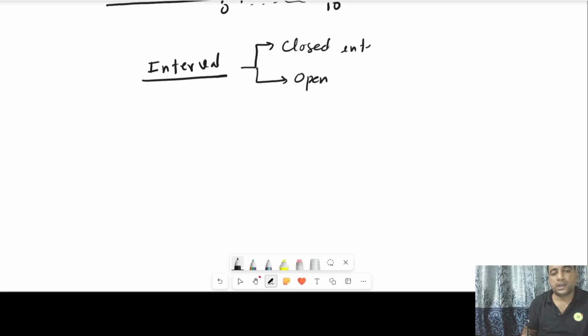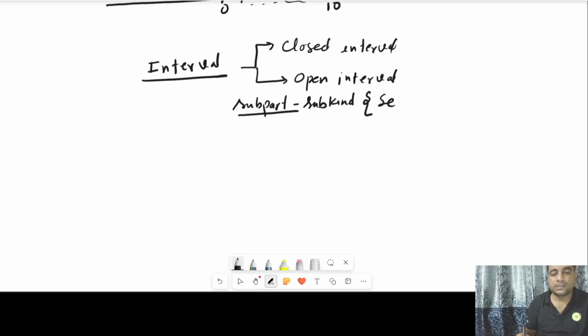So closed interval and open interval, and their sub kinds, which will be semi-open or semi-closed.